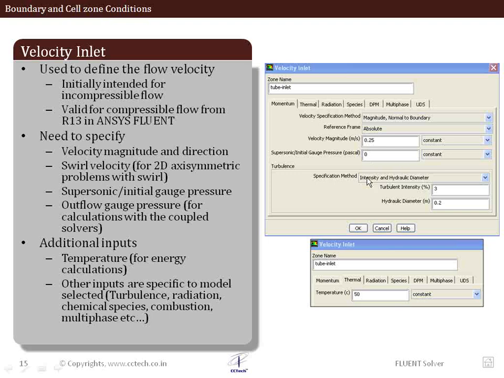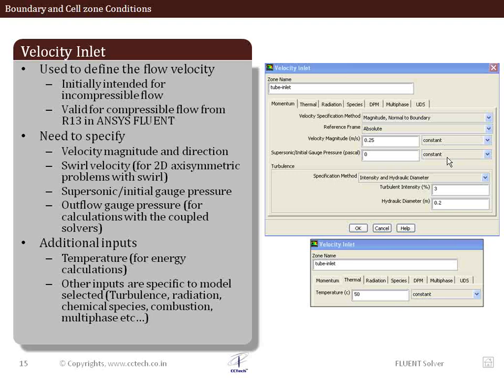There are some other means by which the intensity and other specifications can be given for turbulence parameters, but this can be explored more by just visiting the help option available in the velocity inlet or any other inlet boundary dialog box. But let's say we have some other models also included.